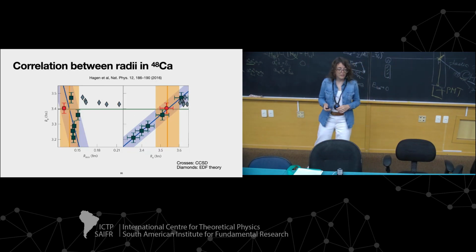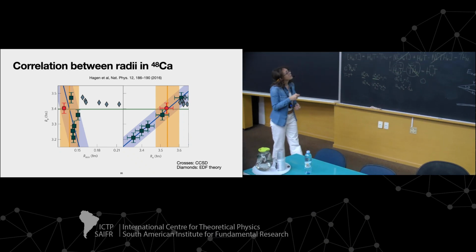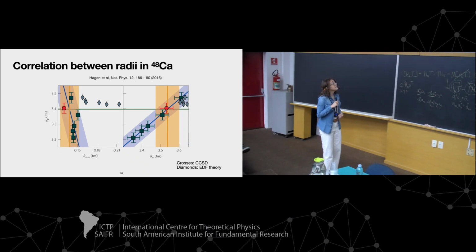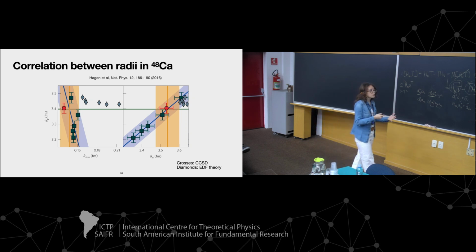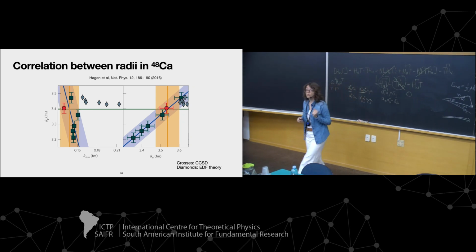Okay, let's go to calcium-48. So this is actually a work that was done in 2016. There was a study with different nuclear interactions, using coupled cluster and also density functional theory. The idea was to explore correlations in radii and then use those in order to obtain constraints for nuclear matter.